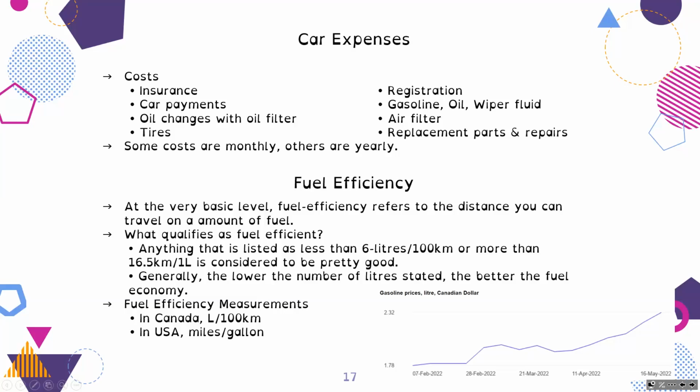Generally, we talk about it in terms of liters per 100 kilometers. The lower number of liters that is stated, the better fuel economy, because it takes less liters to go a farther distance. In Canada, we talk about liters per 100 kilometers. In the US, they talk about miles per gallon. That's something that you might see, but we're going to focus on liters per 100 kilometers.